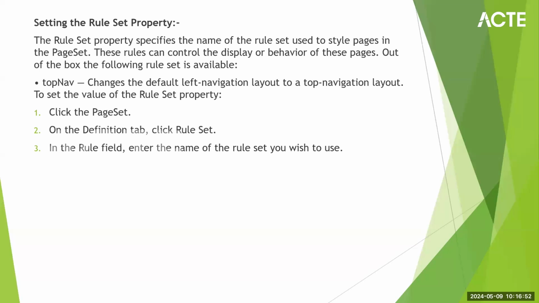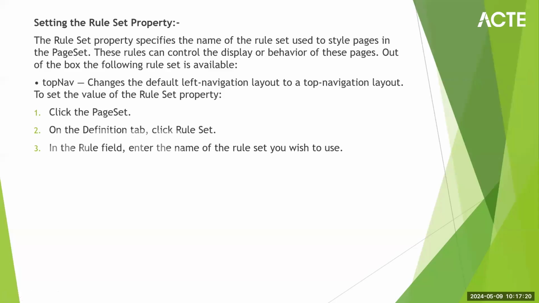So how top nav changes the default left navigation layout to the top navigation layout. Suppose you have created all the fields on the left side, 1, 2, 3. Now, if you use this property for the particular page set, these will all be moved to the top navigation layout, 1, 2, 3, 4, 5, with the fields in a straight line.